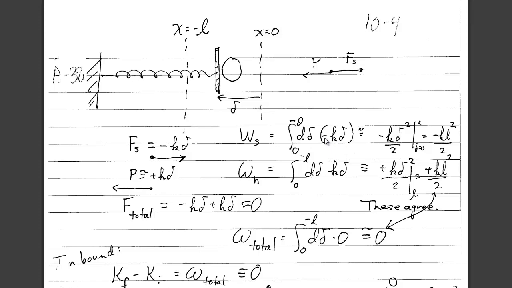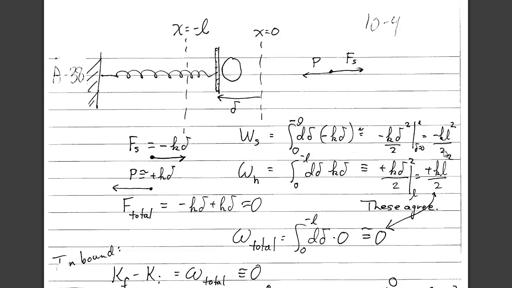There's a minus sign here. And therefore, integrate minus K delta, you get minus K delta squared. There is a 1/2 here, and we are evaluating from delta equals 0 to delta equals minus L. And when you do that, you have the value of this term at L minus the value of this term at 0, and there's a minus KL squared over 2 minus, I didn't bother to write it out, but it's 0.